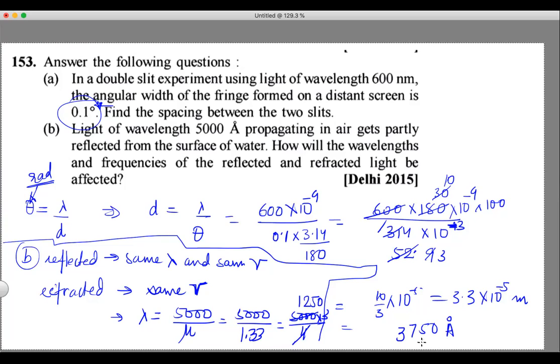So that will be the wavelength in the refracted light. Only one thing we have to calculate, all others remain the same.